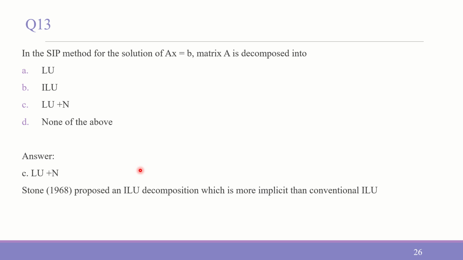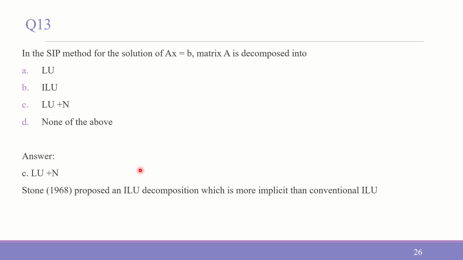Stone proposed that, to make the decomposition relatively easy, M contains more of A and N contains less of A. After that, the M that contains more of A is decomposed into LU, and it goes to the next iteration.